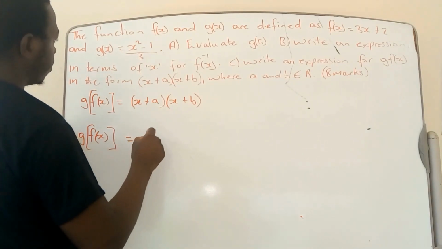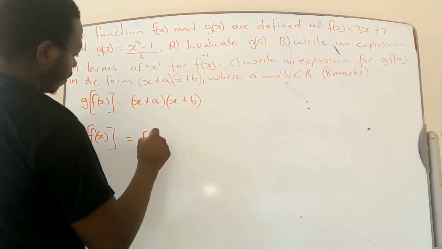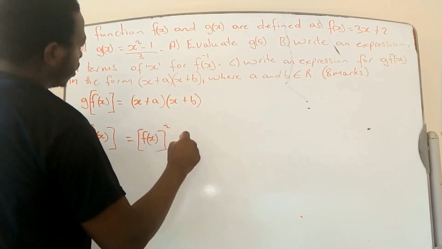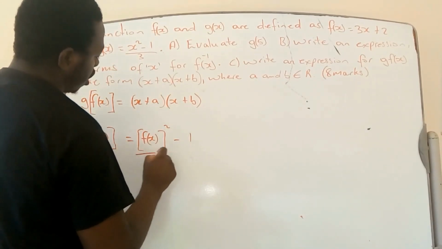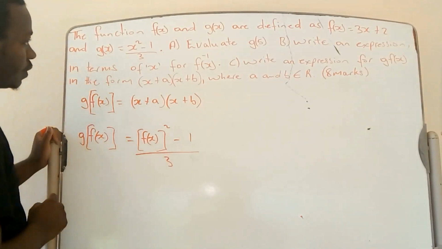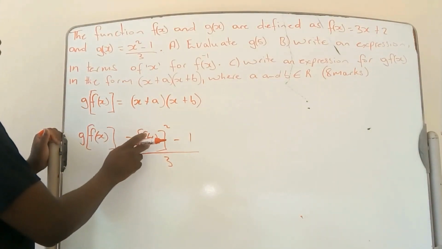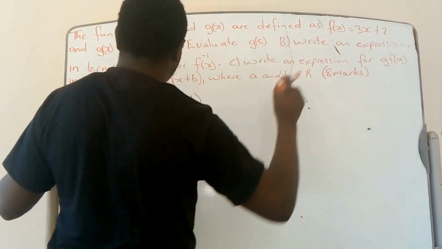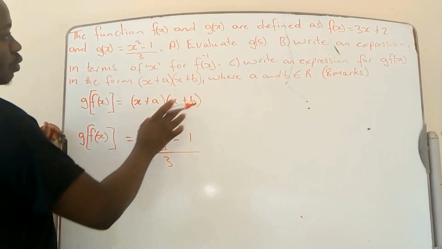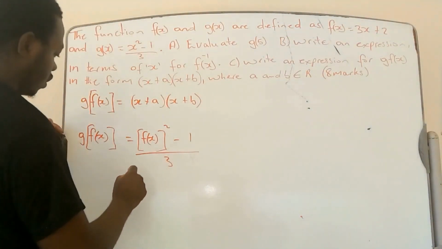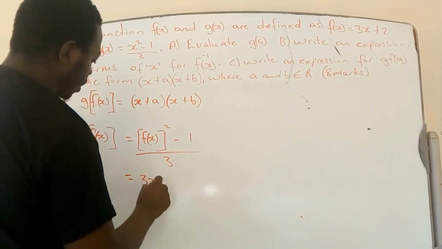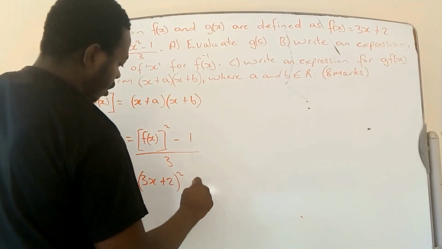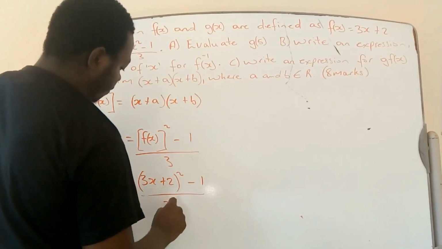So that is going to equal f of x all squared minus 1 all over 3, right? But what is f of x? f of x is 3x plus 2. So where we see f of x here, we replace that with 3x plus 2. So this is now (3x plus 2) all squared minus 1 over 3.